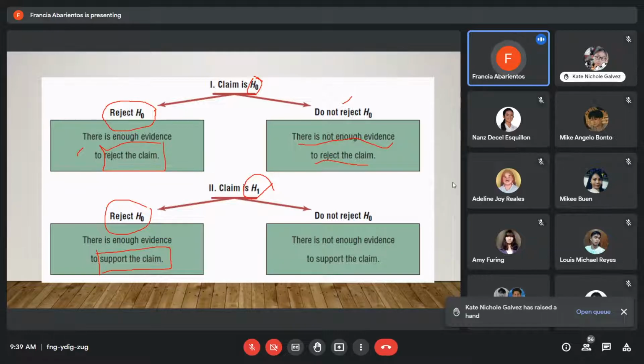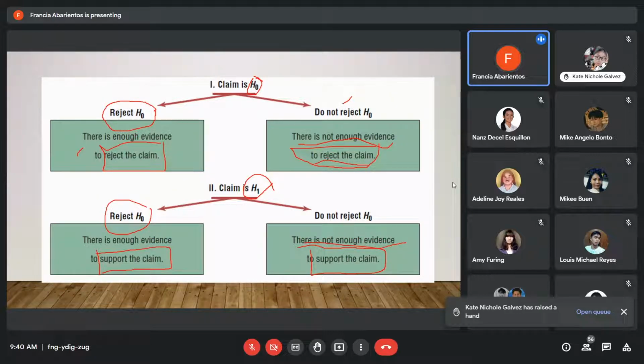When do not reject, ito naman, class, there is not enough evidence to support the claim. Dito, class, reject the claim. Ayan. So, this is a simple process wherein you have to reject or do not reject the given null hypothesis.